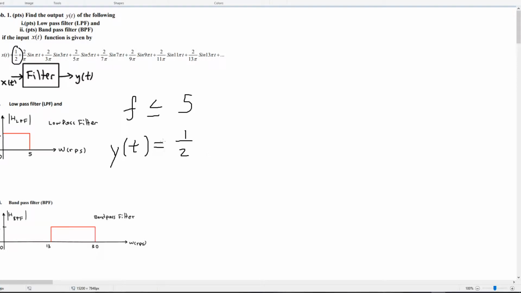Now we can start looking at the different pi values, and I'll explain why certain signals will pass. For 1/2, that was okay. We're going to try now 2 over pi, sine pi t. Where do you start with this problem?